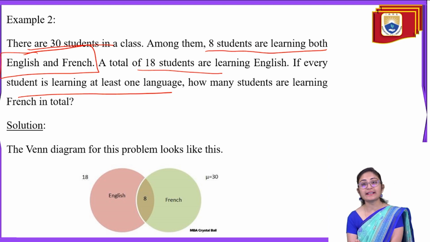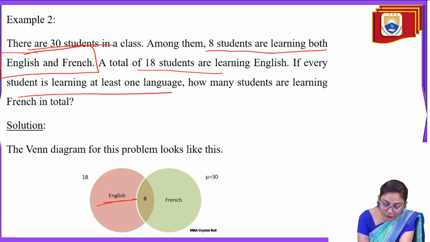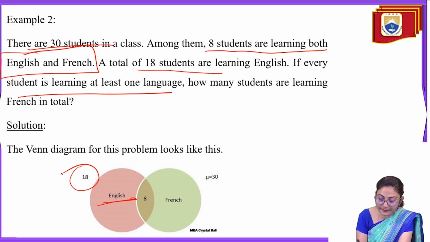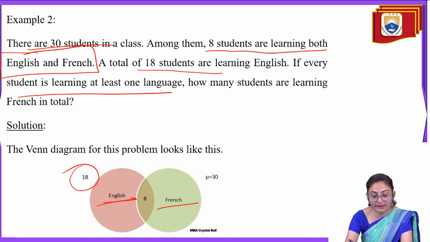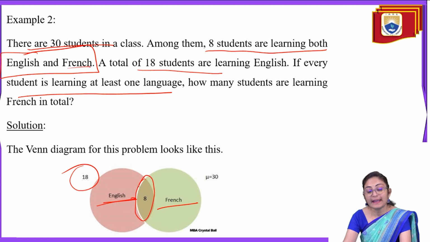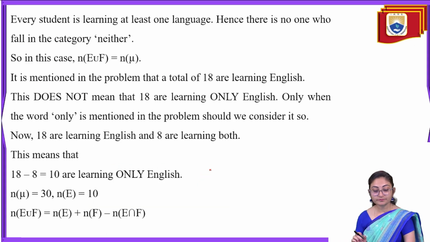Now by using the Venn diagram, we can find out all the values. Those learning English, that number is 18. Learning English and French, that number is 8. And now we have to find out the French, and the total number of students is 30.